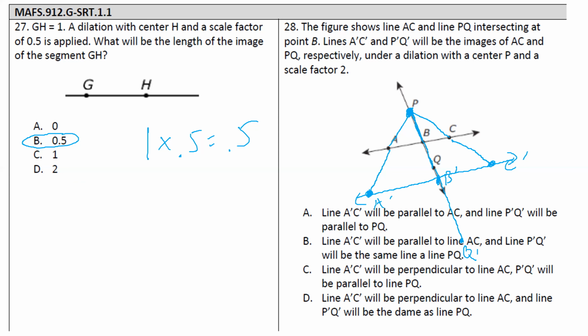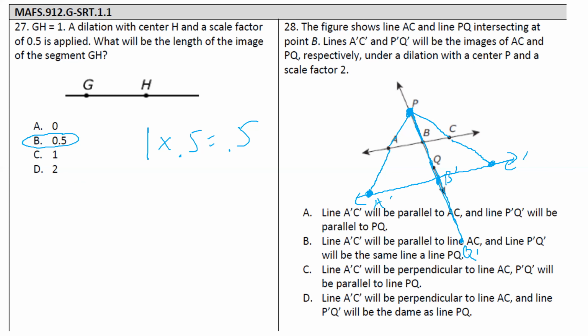Now, what's true about this? Well, AC and the new line A prime, C prime, they're going to be parallel. And then PQ and P prime, Q prime are going to still be the same line because they were in line with each other. So on here, what's happening?